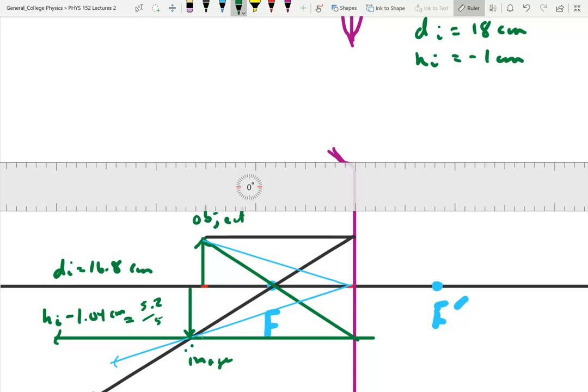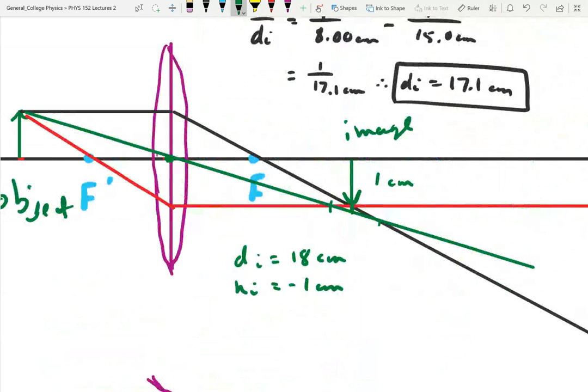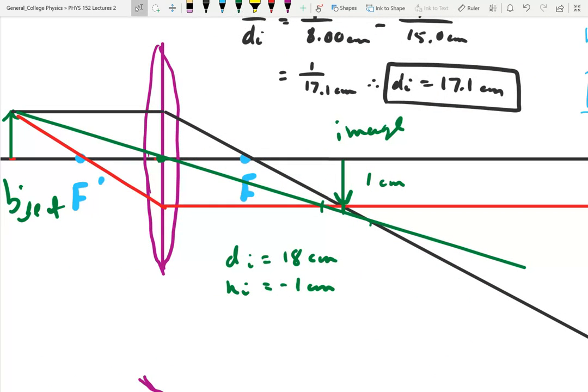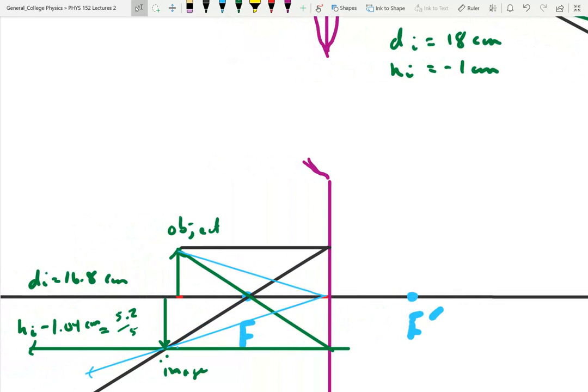It's a positive because it's on the side that the reflection should occur. So on the same side as the object is positive if it's a mirror. Up here for the lens, it was a positive image distance if it was on the opposite side because light should go through the lens. So you've got to keep those, what's a positive and what's a negative, correct.